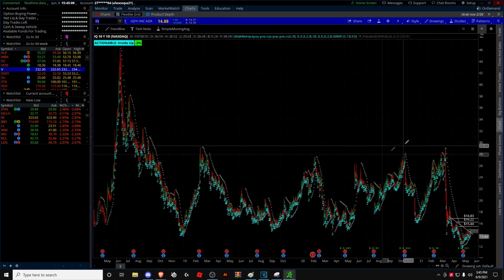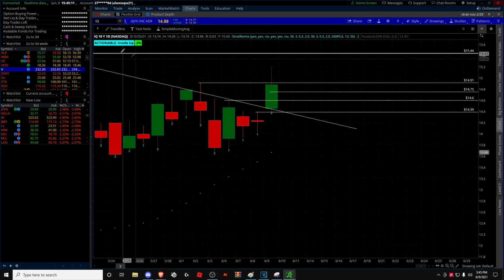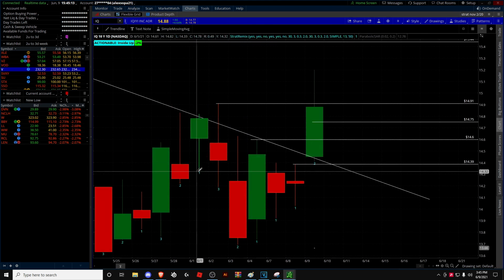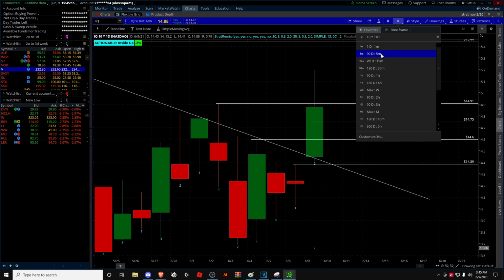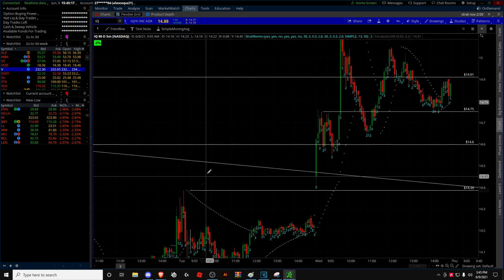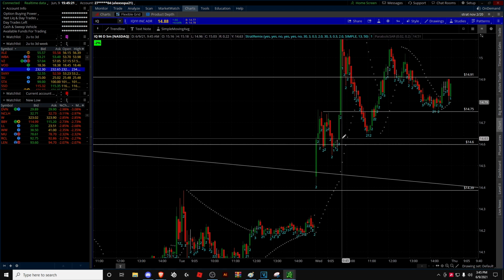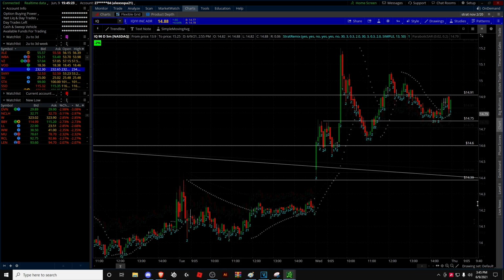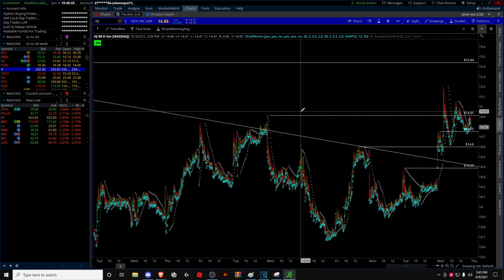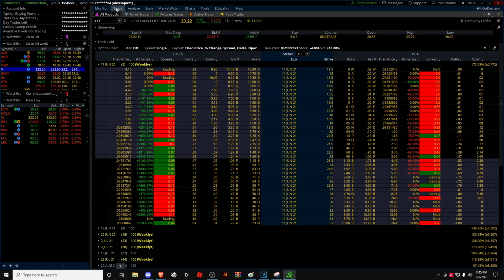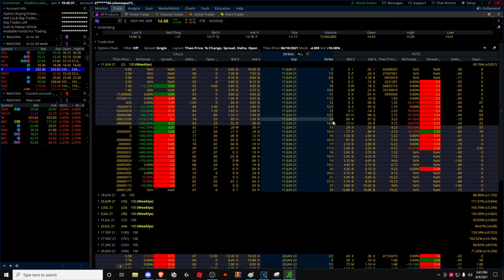One of them that we took today, you're going to see, is IQ. So this was our entry price. It gapped slightly above it, but if you're looking at the downtrend line, you could have just grabbed it right when it broke that and called it good, or got in afterwards off of a lower time frame. But I expected this to go up to 14.91. Looking at these options off the open, the 14.5s were trading 23 cents at the opening price.